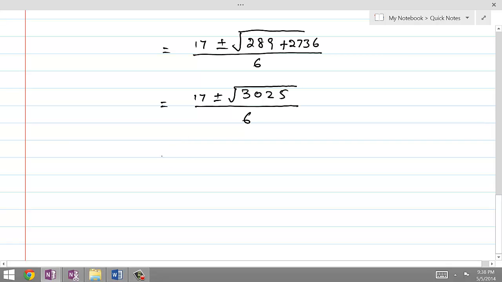And here if we take the square root of 3025, that will give us 17 plus minus 55 over 6.